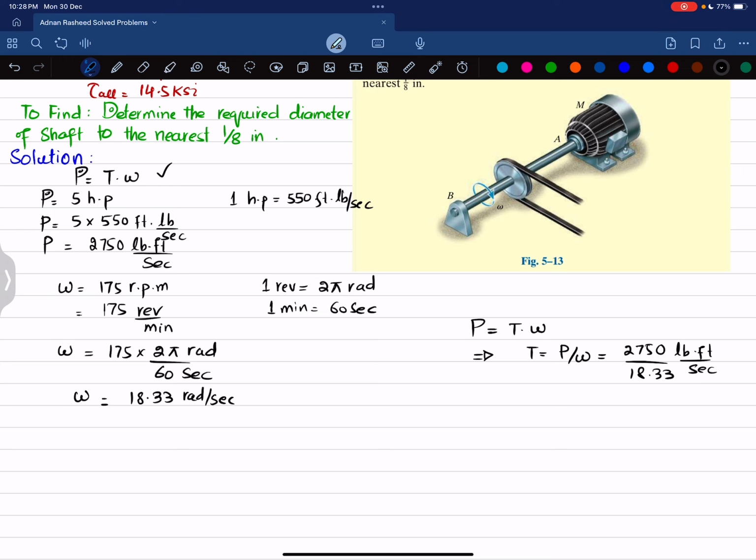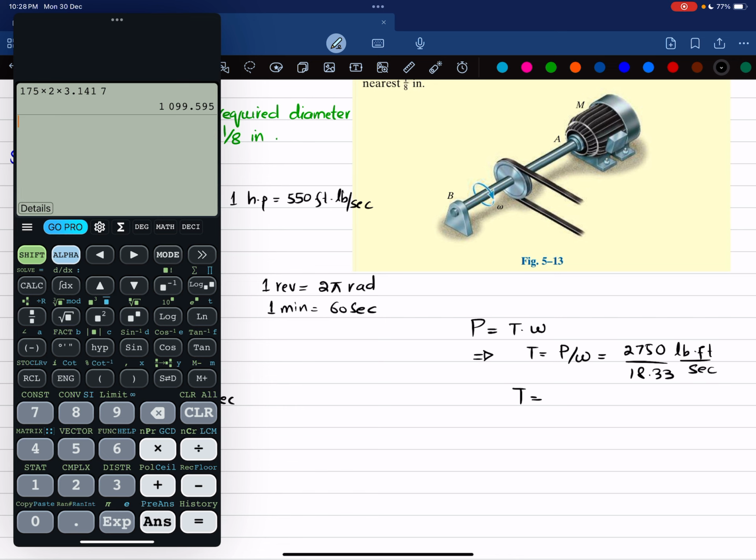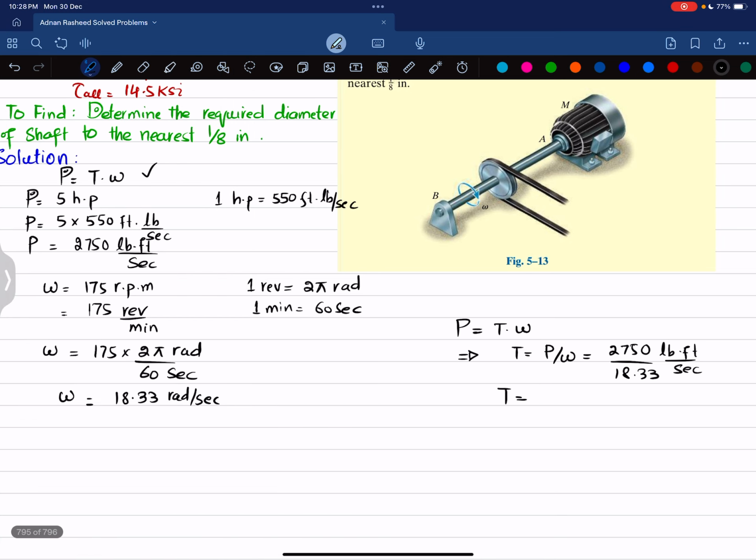The seconds will cancel, and torque will be equal to 2750 divided by 18.33, which will give you 150.1, or you can just write it as 150 pound-feet. This is the value of torque.